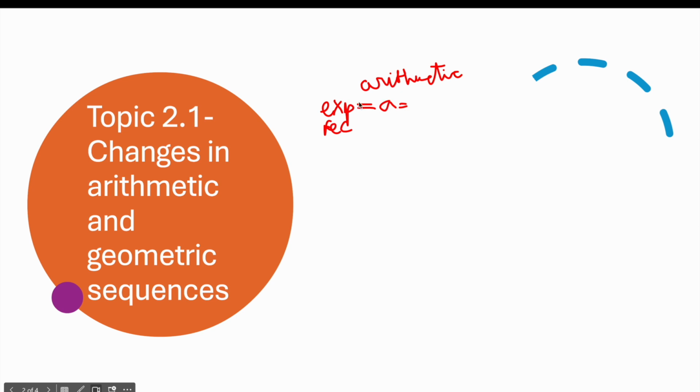So according to the explicit formula, A_n is going to be A1 plus d times n minus 1.